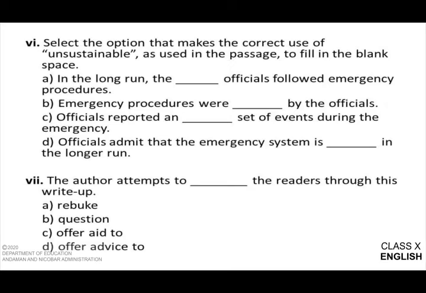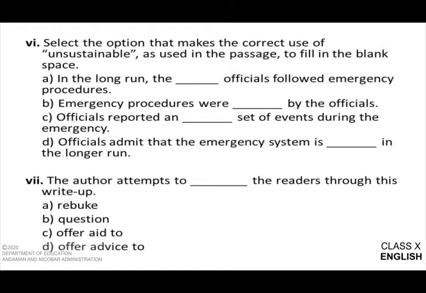Sustainable means without harming the present and also thinking about the future, something which will go on, which will not get exhausted. But here it is unsustainable, so it is the opposite of sustainable.